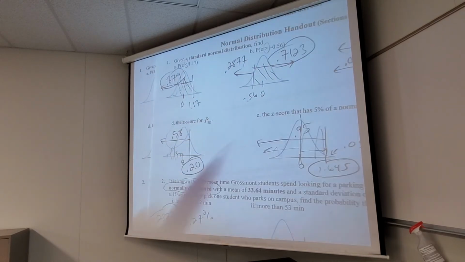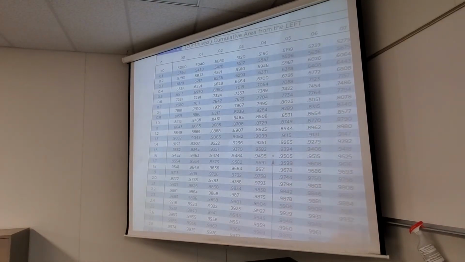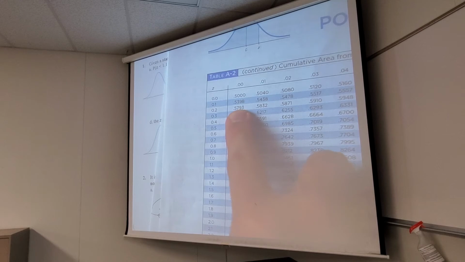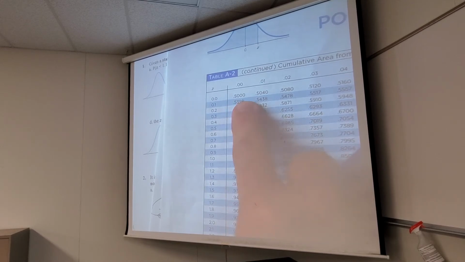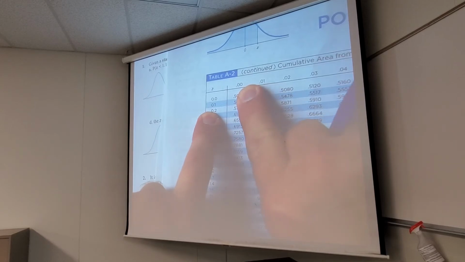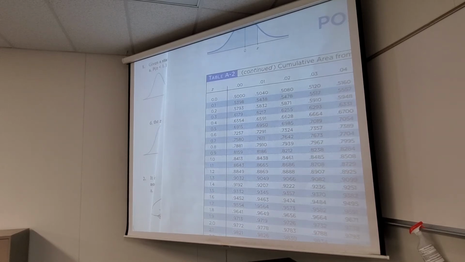On this problem, I knew the area was 0.58, and when we looked that up, bam, that was the closest I can get to 0.58, and if I look out, the z-score is 0.20. So really, another way to think of that question is how far above the mean do I go so I have 58% below me? Well, the mean has 50%. If I go 0.2 steps up, now I've got 58% below me.